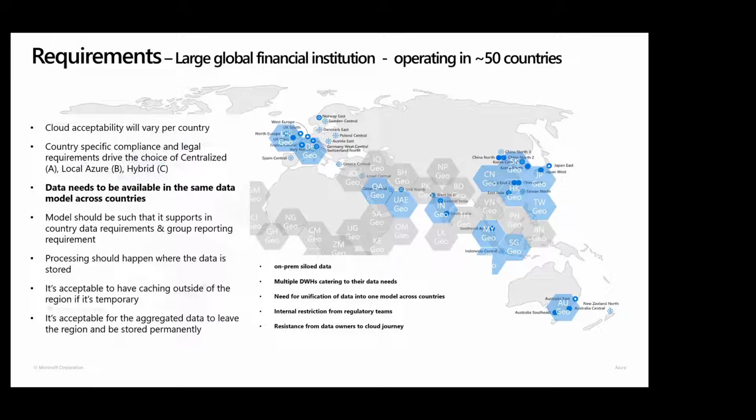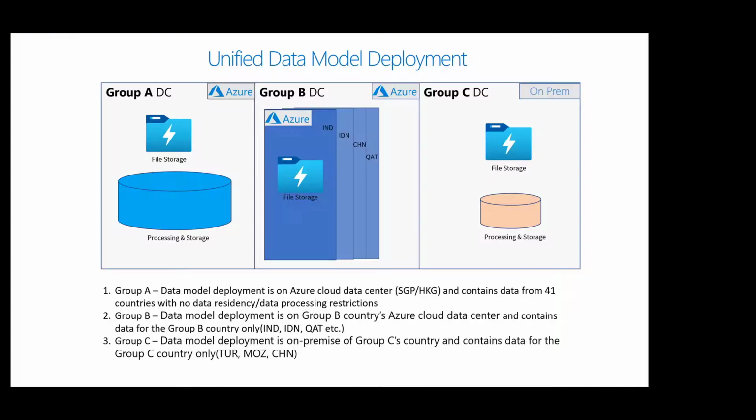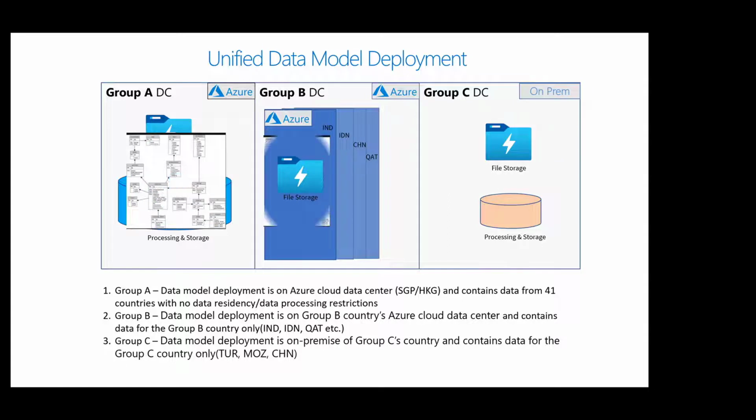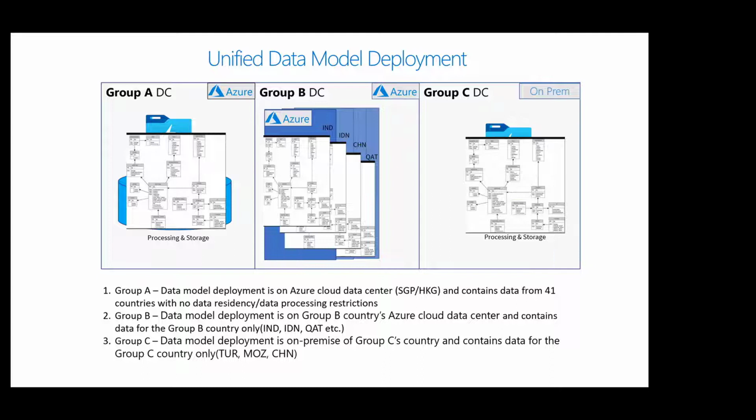The solution path we came up with is a unified data model, wherein we can logically model the data once and physically implement it in multiple data centers multiple times. The logical data model remains the same, and physically it gets implemented across different data centers across Groups A, B, and C.